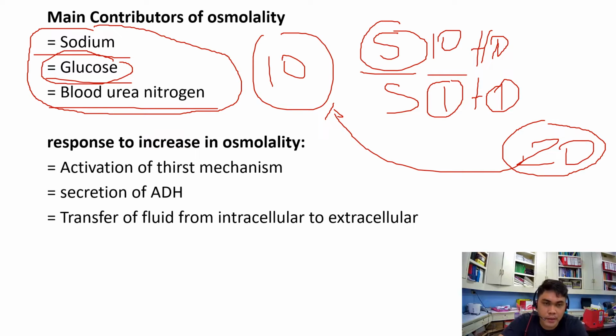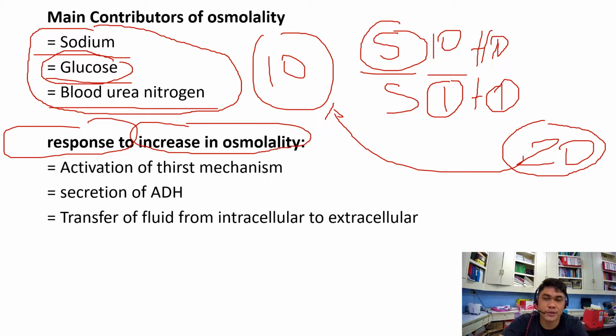Okay. So next is the response of our body to increase in osmolality. So these are the normal responses of our body to increase in osmolality. So first is the activation of the thirst mechanism. And the thirst mechanism is controlled by the hypothalamus.